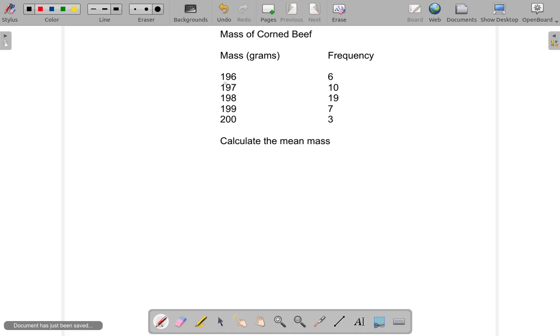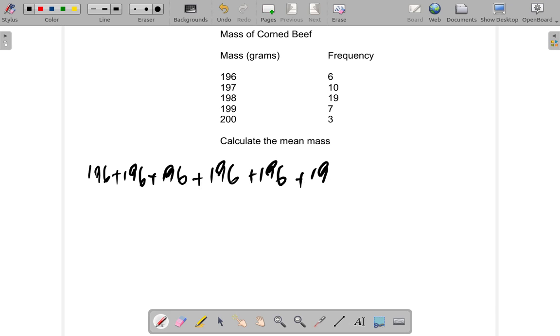So if you should add up all of those weights, you would have 196 plus 196 plus 196 plus 196 plus 196 plus 196, and then you had 10 of them that had a mass. I should say mass instead of weight. Those of you who study science would recognize, since it's grams I'm dealing with, it's mass.